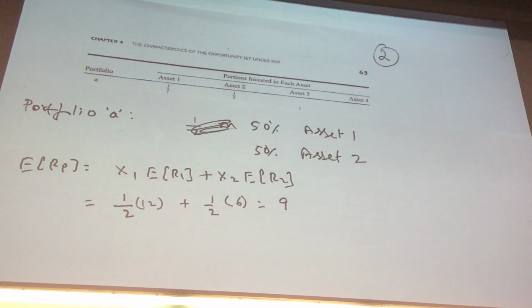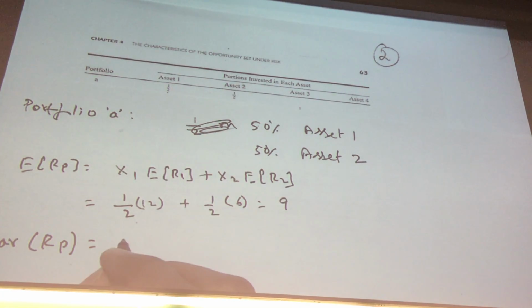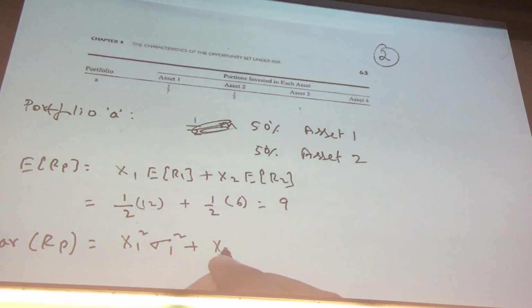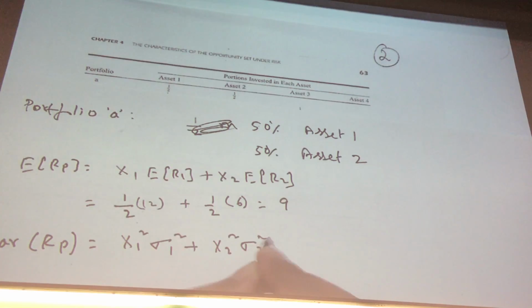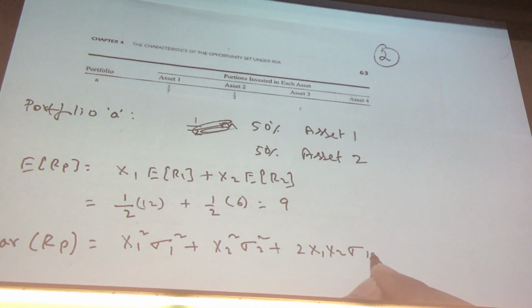And you should also find the variance. So variance of the portfolio is equivalent to, if you remember, x1 square sigma 1 square plus x2 square sigma 2 square plus 2 x1 x2 sigma 12.